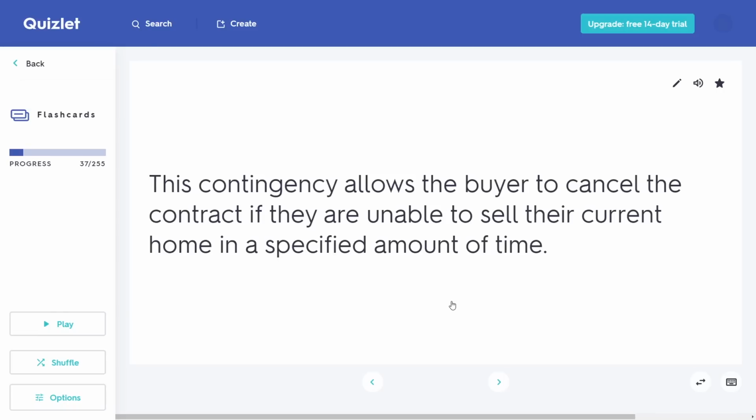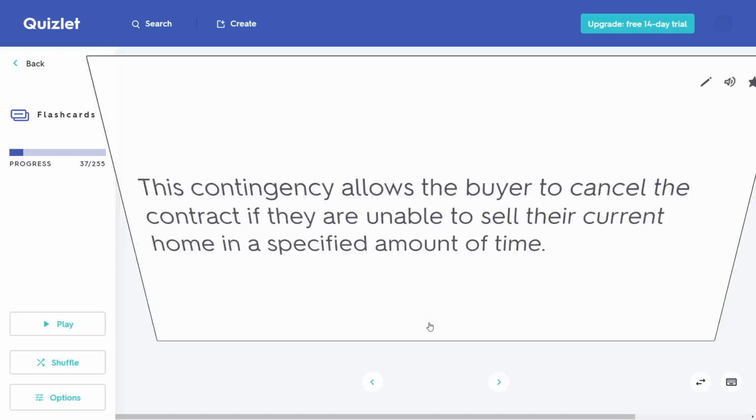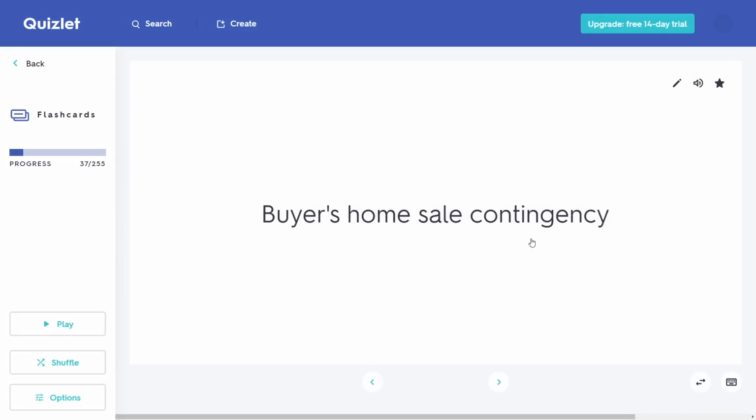So you'd write into your contract, and you'd work with your agent, or if you're the agent, you do it yourself, that there's a contingency that if they are unable to sell their current home in a specified amount of time, then the contract won't go through. So this is used for people that are selling a house as well as looking for a new house. Simple as that. And again, the contingency just means it's in the contract.